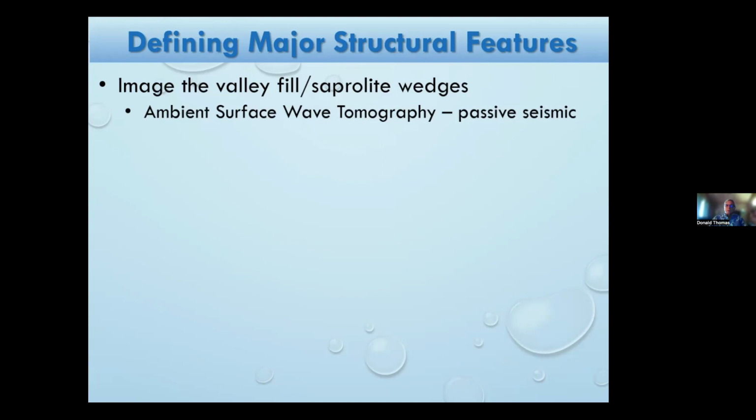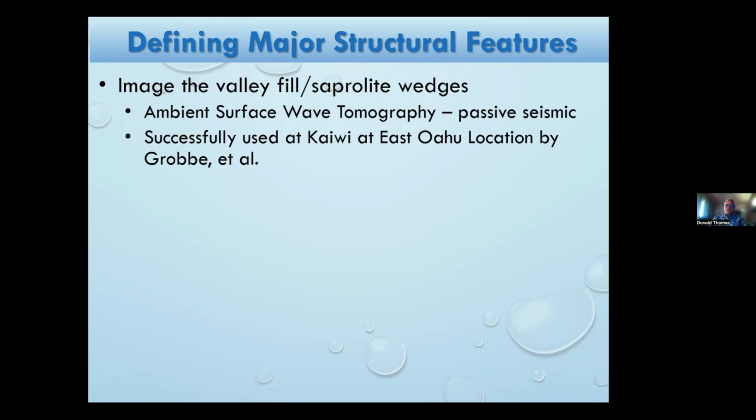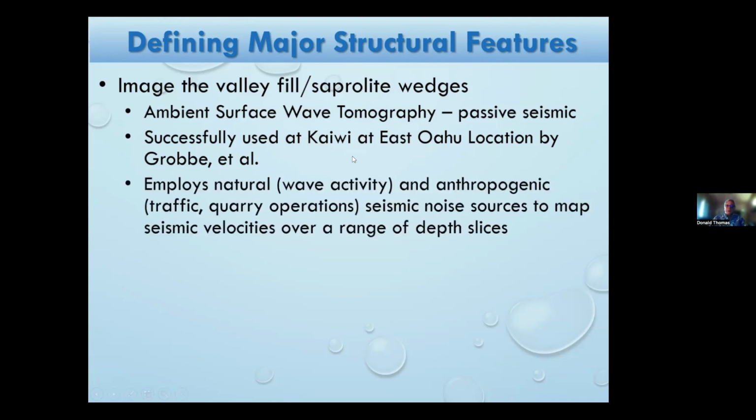There's a technique that's been used on Oahu called ambient surface wave tomography. It's a seismic, passive seismic method. It was successfully used in Southeast Oahu, looking at the sediment fill and basalt in the Sandy Beach region by Niels Grove and his colleagues, and was quite successful at it.